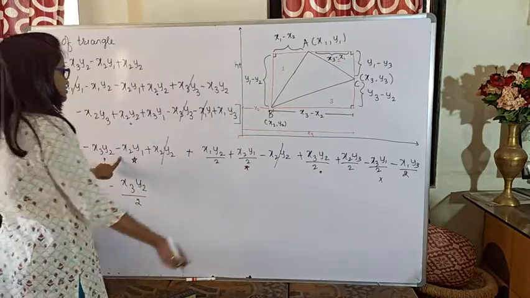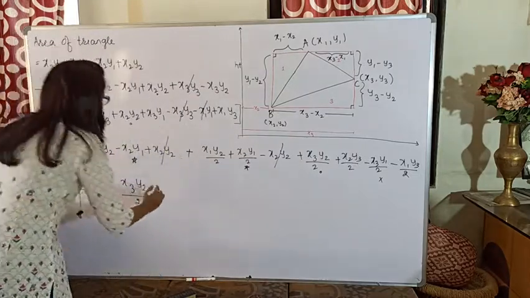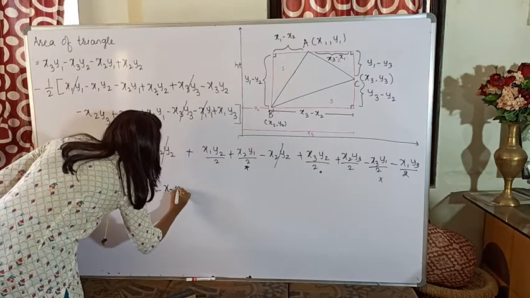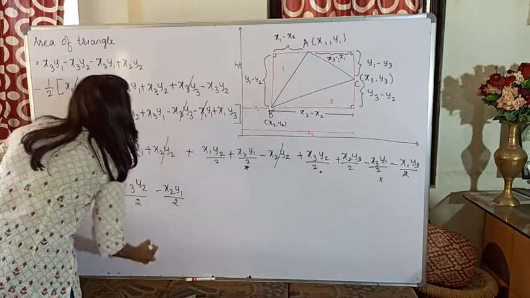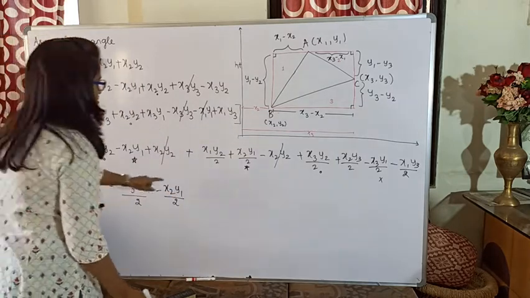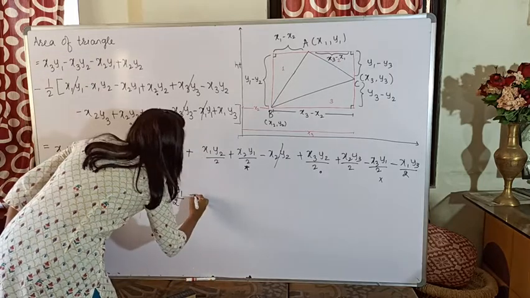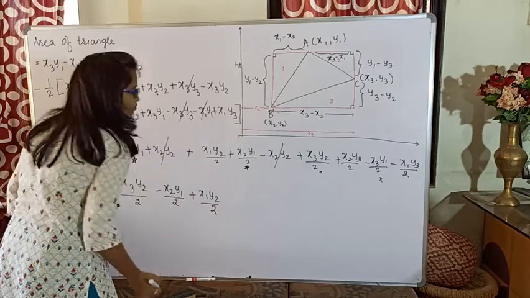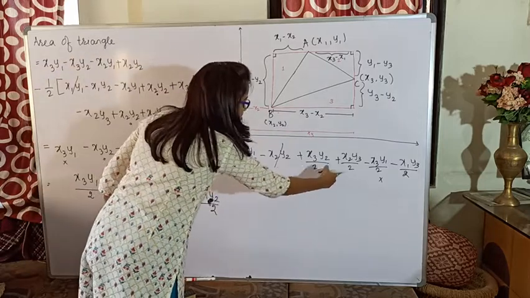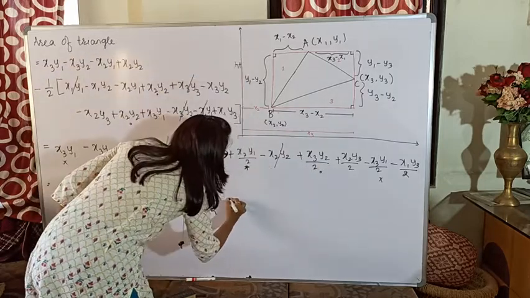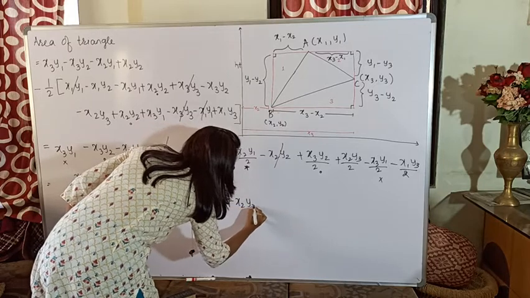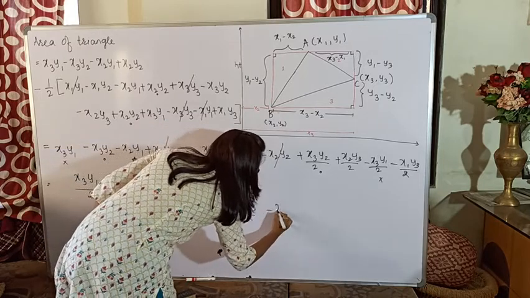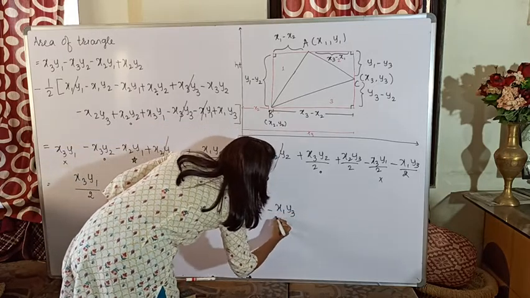Again here it is minus, here it is plus, so minus 1 by 2, so minus x2 y1 by 2. Further plus x1 y1 by 2 as it is. This term I have considered, this term is remaining, so plus x2 y3 by 2 minus x1 y3 by 2.